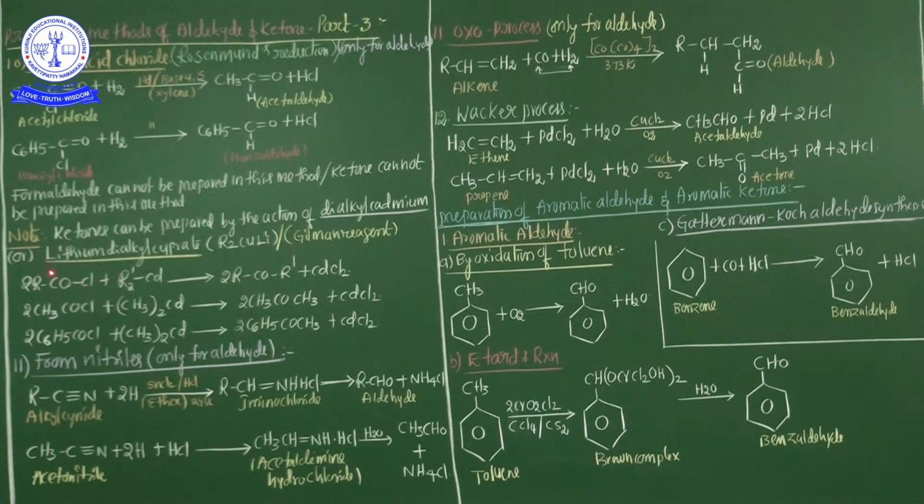Now, an important key point: ketones can be prepared by the action of dialkyl cadmium or lithium dialkyl cuprate. In the Rosenmund process, ketone is not prepared, so if you want to prepare a ketone, what is the combination? Ketone can be prepared by the action of dialkyl cadmium or lithium dialkyl cuprate.